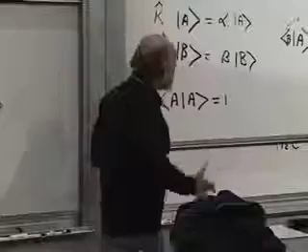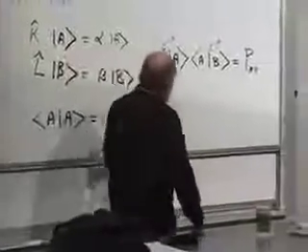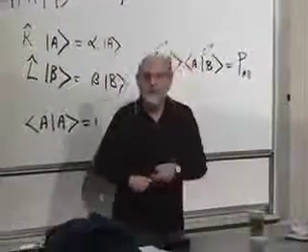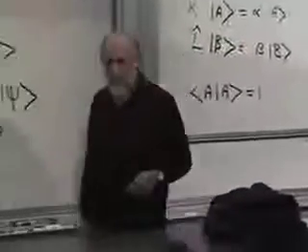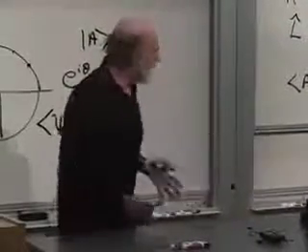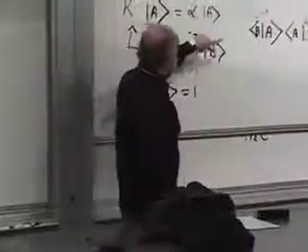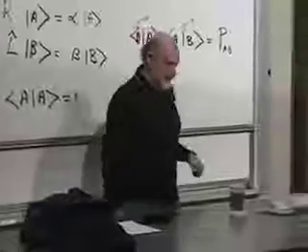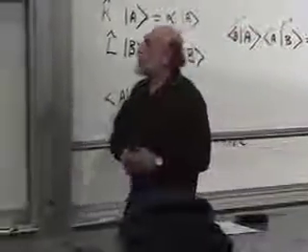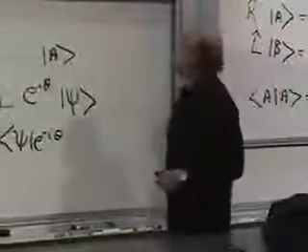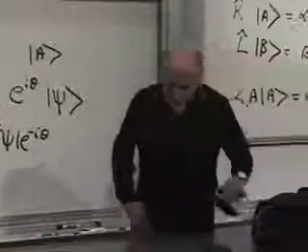You could do the same thing with A. So again, you see that there is no physical significance to the phase of the wave function. The norm of the wave function should be set equal to 1, and the phase of the wave function is completely irrelevant. Okay, let's come back for a moment to polarization.